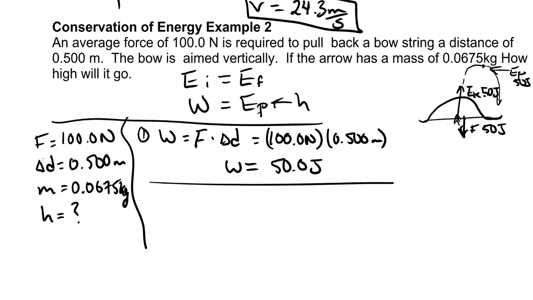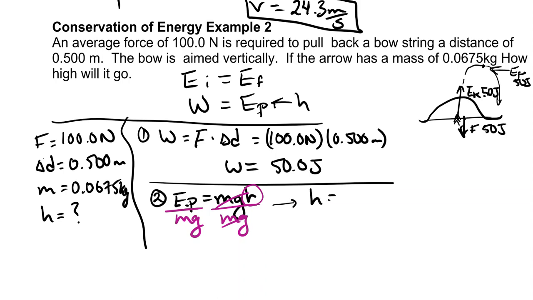Okay, so we know the potential energy is 50 joules. So all we have to do is rearrange that equation to get height. So if we want height, then that means m and g need to go down here.